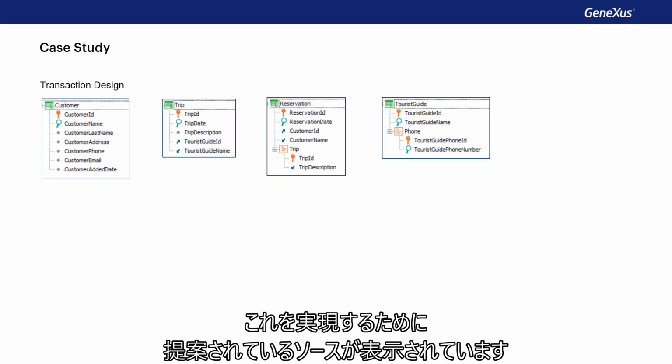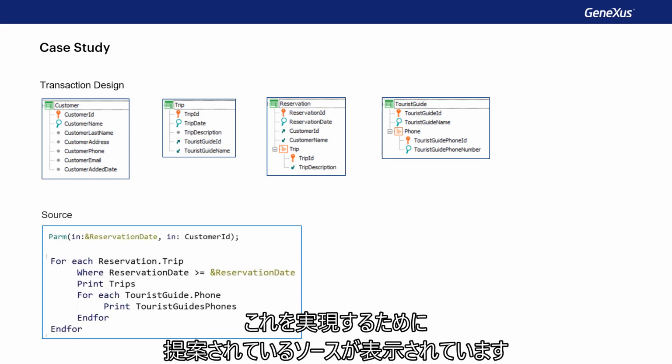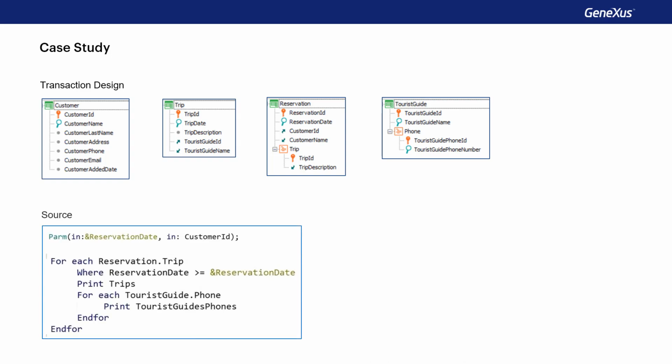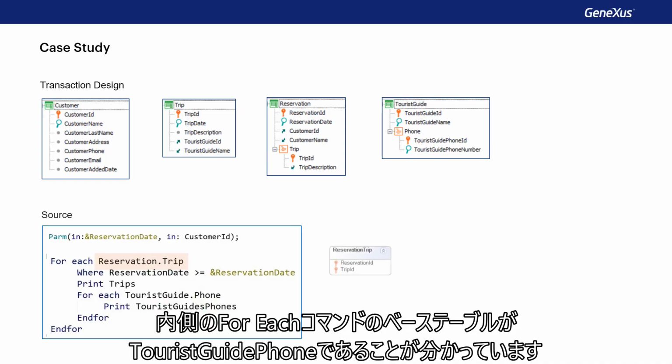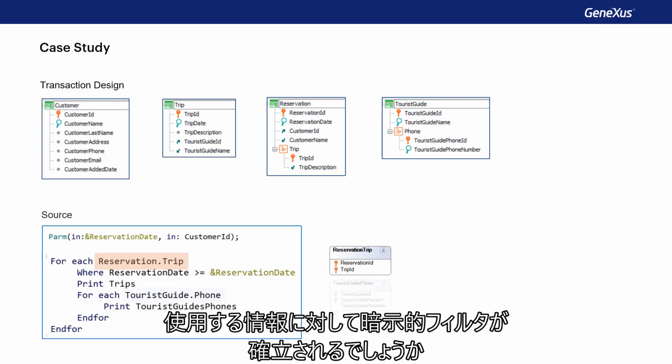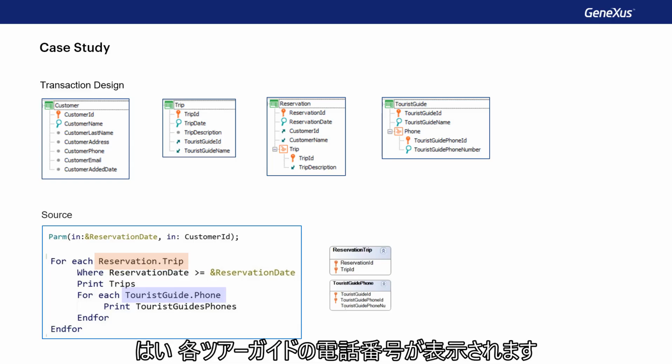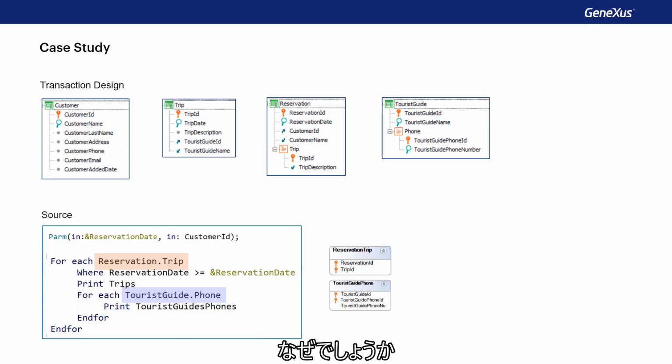To achieve this, the source shown is proposed. Knowing that the base table of the external for each command is reservation trip, and that the base table of the internal for each command is tourist guide phones, does it establish implicit filters for the information it'll use? Yes, it'll show the phones of each tour guide. Why?